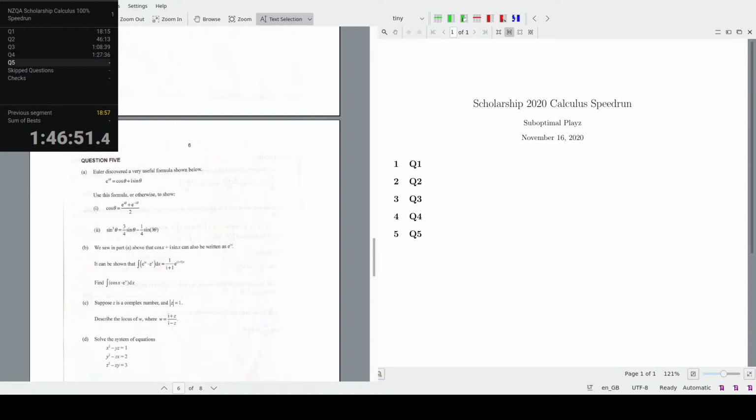Okay, let's try 1, i, -1, -i. So it's like i plus 1 on i minus 1 is equal to i plus 1 squared on 2. Whack.